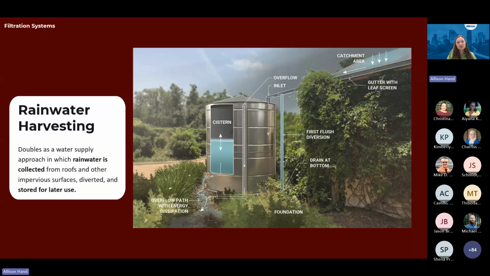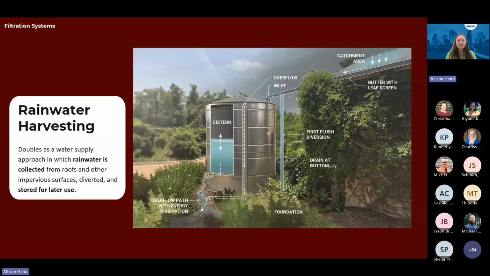For example, if water reuse is the goal, a leaf screen and first flush diverter can remove debris, rust, dust, and contaminants from the system before runoff enters the cistern. But if water quality and water storage are goals of your project, you might want to consider avoiding diverting the first flush to capture those pollutants in the cistern instead of sending them into the local drainage system.